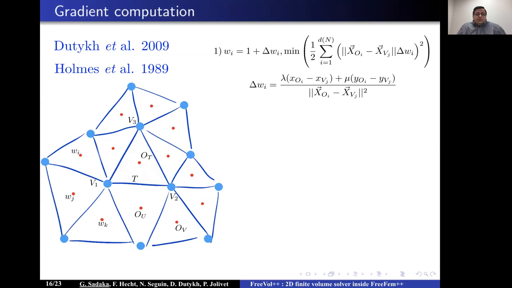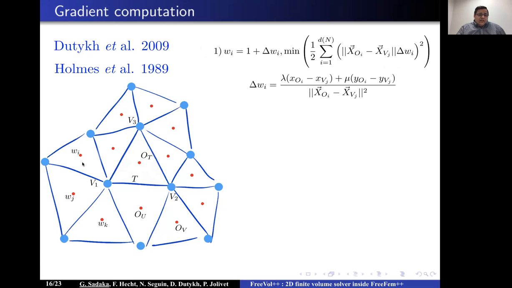For the gradient computation, thanks to Denis Judich and his work and the work of Orms, we have a triangulation here. For each triangle, we have a weight omega e. So the weight omega e is computed like this, where we have a minimization problem with Lagrange multiplier operator, lambda and mu.